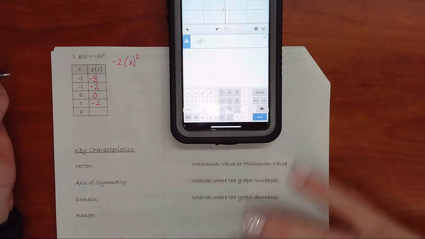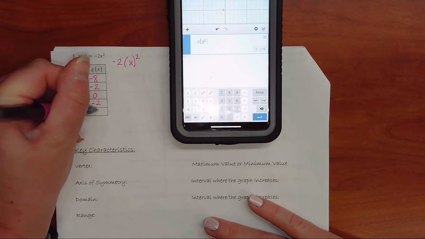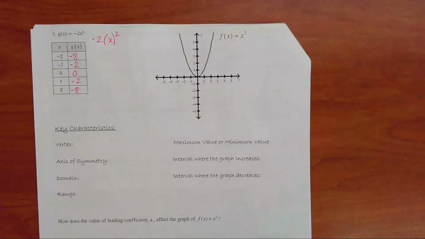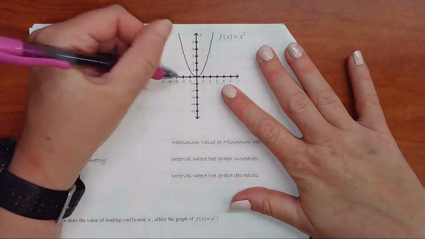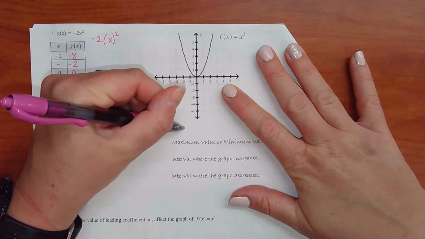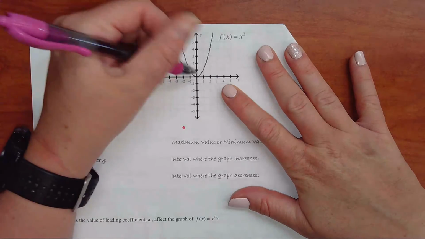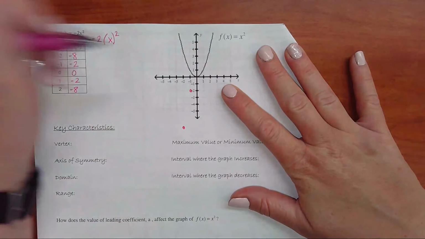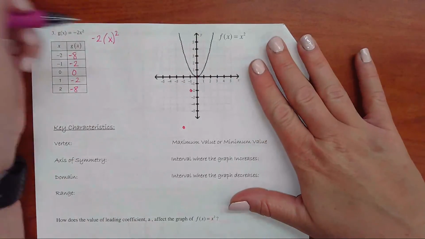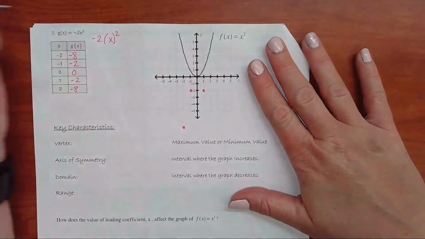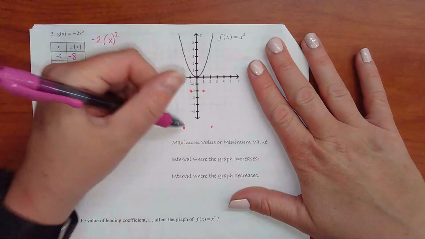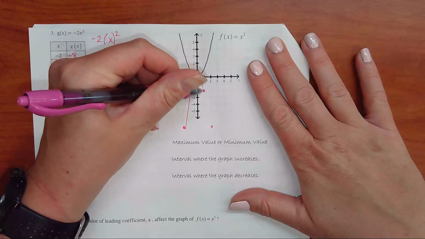And when you plug in a 2, you get -8. So now if we go to graph these, -2, -8 is going to be somewhere down there. -1, -2 is right there. 0, 0. 1, -2 is right there. And then 2, -8. And then this is what your graph looks like.